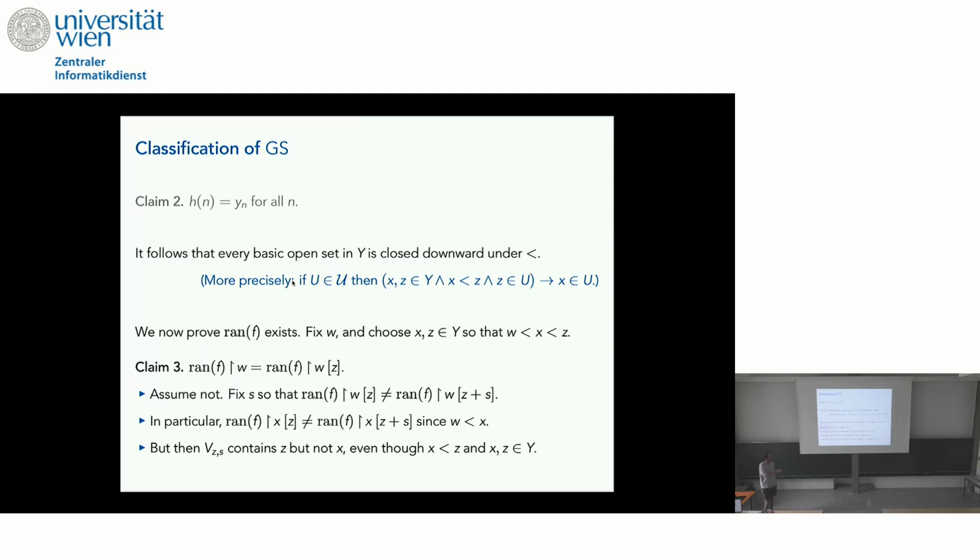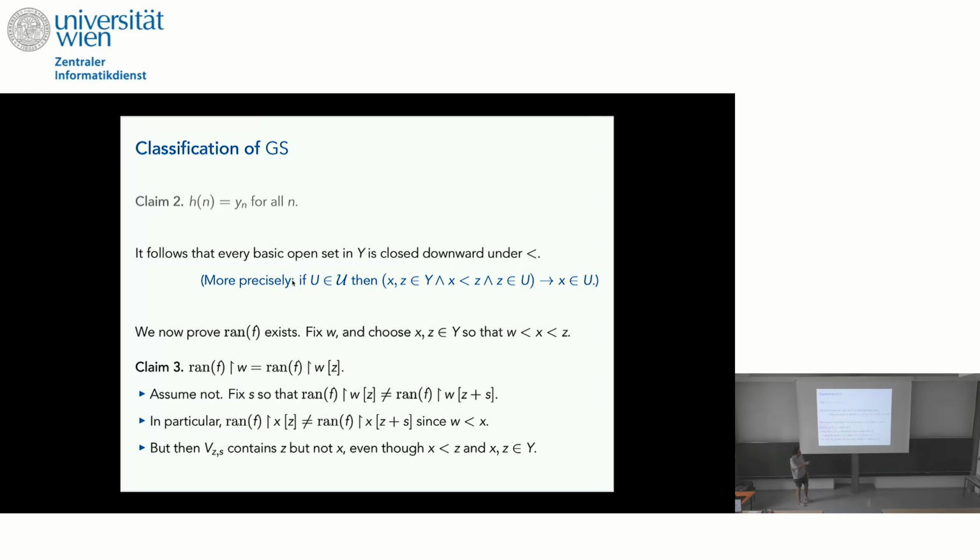Suppose not, so then we can pick an s so that the range of f up to w changes between z and z plus s. Right, that's what it means to say. Then what? Then the range of f up to x changes between z and z plus s, right? I mean, x is bigger than w. But that means that if we look at V_{z,s}, that open set, remember, this contained z, and it contained all those things smaller than z for which this does not happen, right?